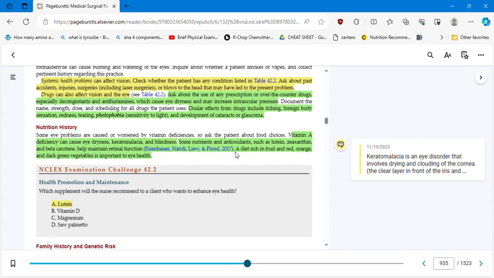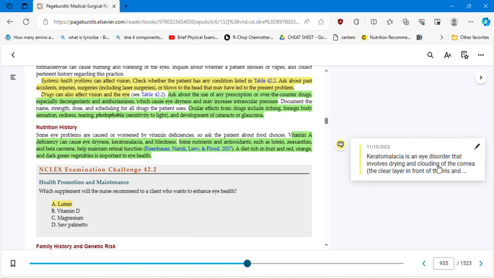The way I remember this is my Christmas colors, red and green, right? So you remember all your red vegetables and fruits, and orange, and your dark green vegetables. So your Christmas colors avoid your vitamin A deficiency.